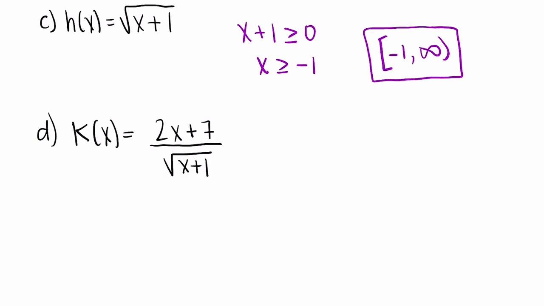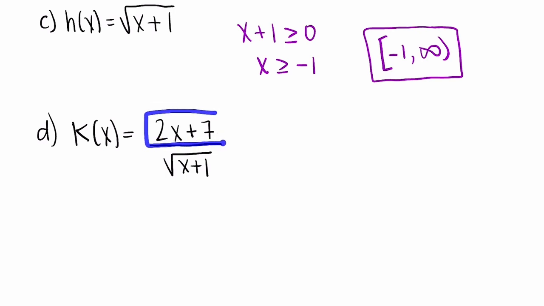So when we have a fraction, we're going to look at what we have from the top of the fraction, what we have from the bottom of the fraction, and then we combine them and take the most restricted amounts. If it was just the numerator, what was the domain of the numerator of this fraction?